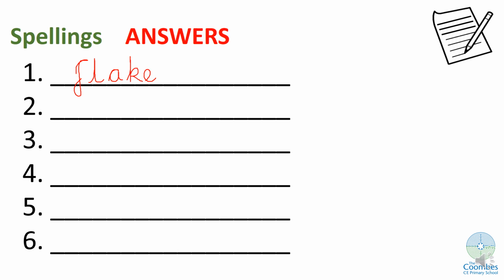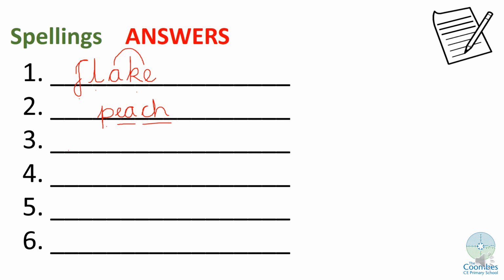And with your sound buttons, f, l, a, k, flake. Next word is peach. P, ea, ch, peach. And sound buttons, p, ea, ch, peach. Remember to tick or fix your work.